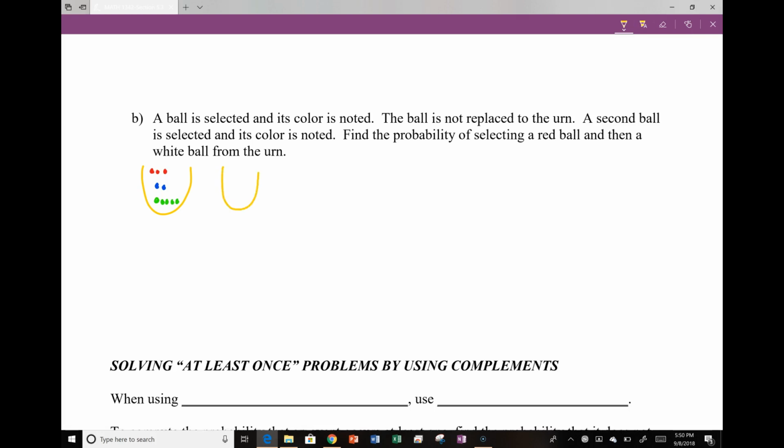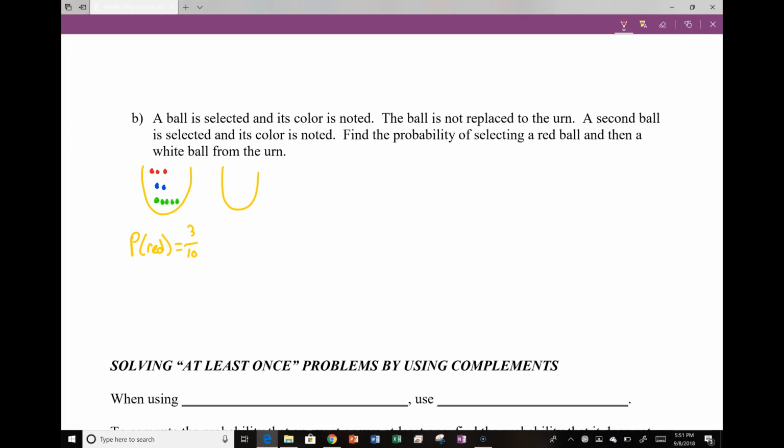So a ball is selected and its color is noted. The ball is not replaced into the urn. A second ball is selected and the color is noted. Find the probability of selecting a red ball. So we want a red ball from the first one. Well, in this case, there are 3 out of 10.